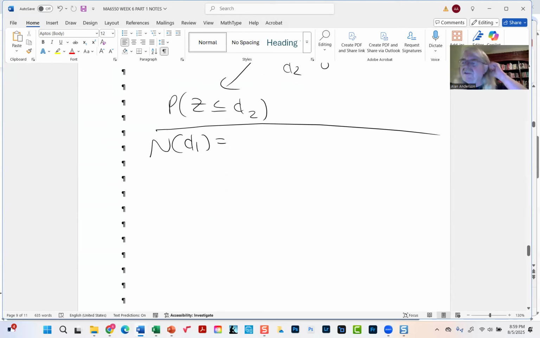So N(D1), think of it this way, is the partial derivative of the call price with respect to the stock's price. Remember the symbol for partial derivatives.